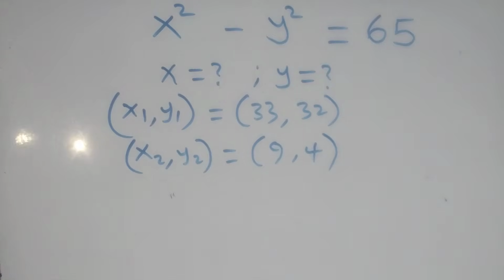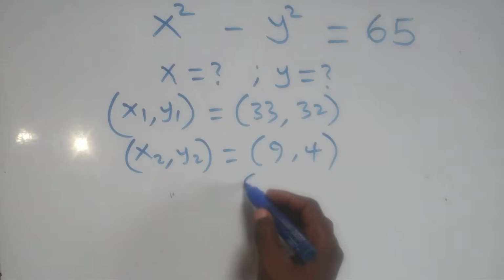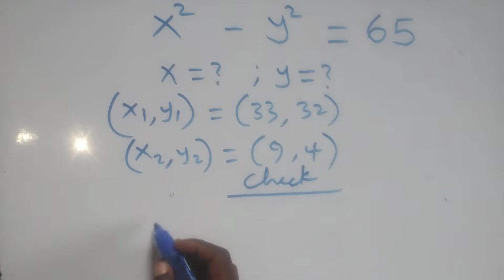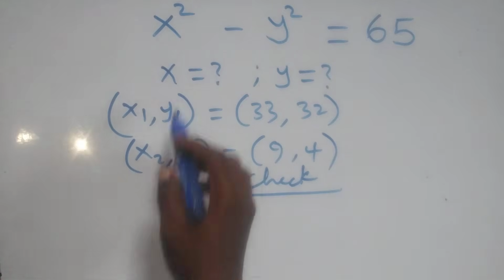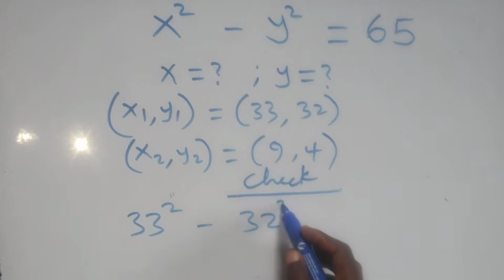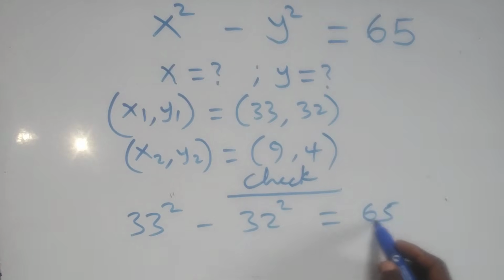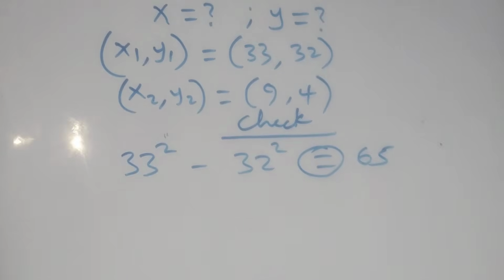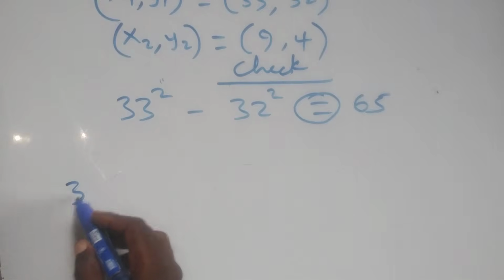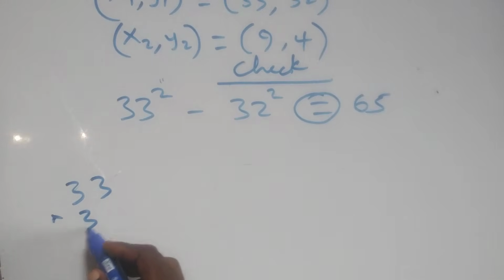So let's check now to see if these satisfy this problem. When we substitute the first solution, this equation becomes 33 squared minus 32 squared. Will it give us 65 here? So 33 squared means 33 multiplied by itself, that's 33 times 33.